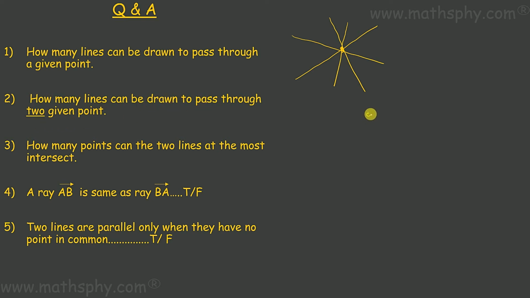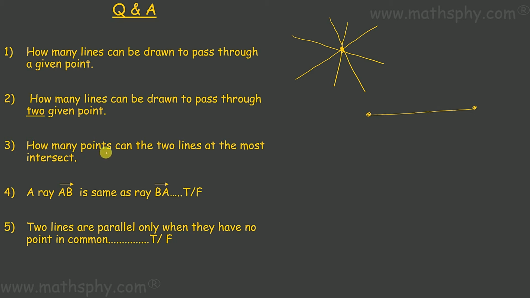We have two dots here, 2 points here. We try to connect these 2 points. So you see, only one line. Only one line can be drawn to pass through two given points. In case of one point, infinitely many lines you can pass through. In case of two dots, you can pass through only one line.